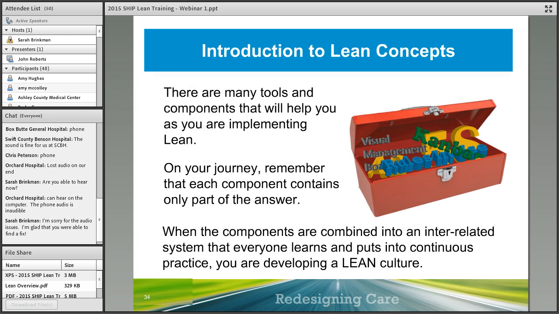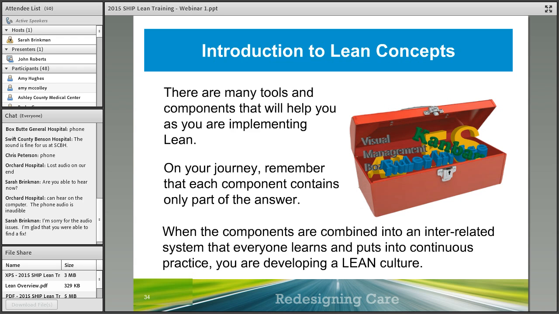And one of the things that people, when they look at lean, they see all the different types of lean tools. And quite frankly, there are probably over 100 different tools that can be used in different portions of looking at lean and implementing lean in your organization. But what we found from the work we've done with our rural hospitals is that the tools that I'll show you in the coming webinars, there's probably 4, 5, 6 tools that can handle almost 90% of the problems or issues you're dealing with.